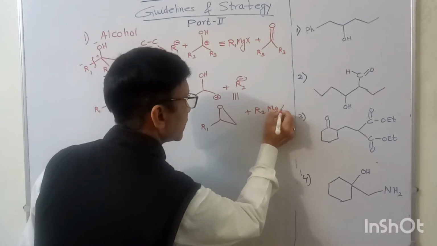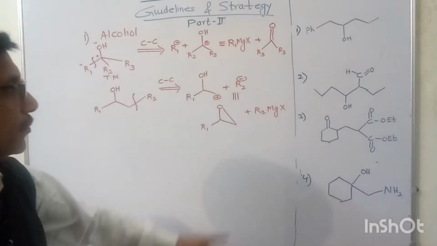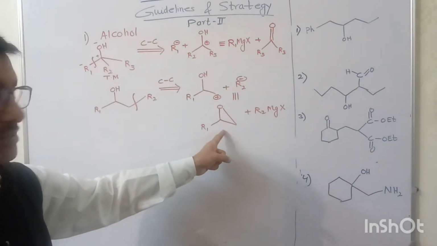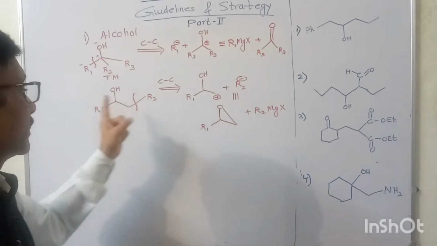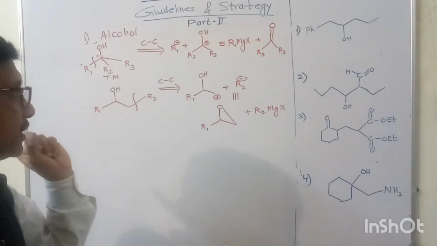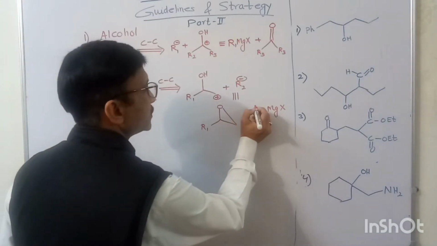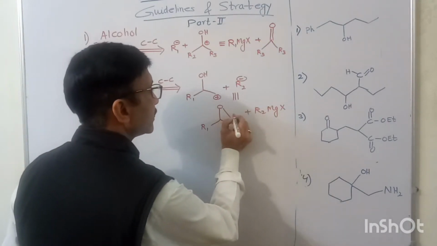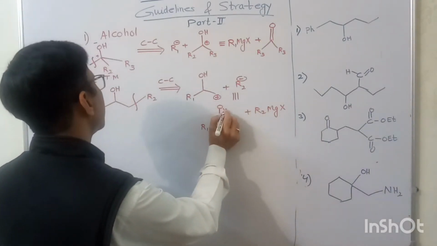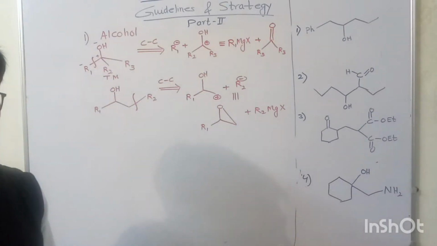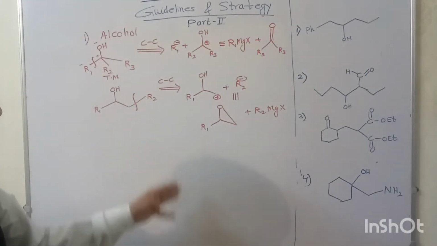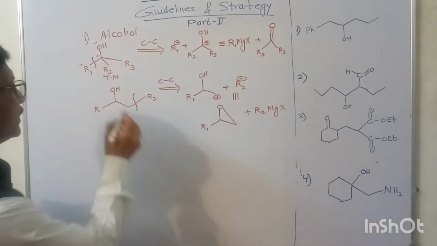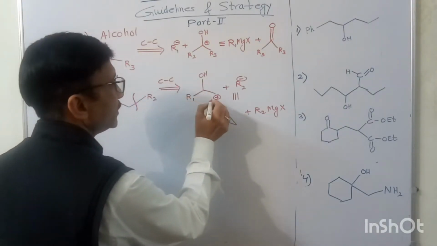Now all of you know, using this synthetic equivalent reactant molecule, you can get this target molecule easily. First, this being a nucleophile, it will attack over here, this bond will break, and after hydrolysis you will get this target molecule.